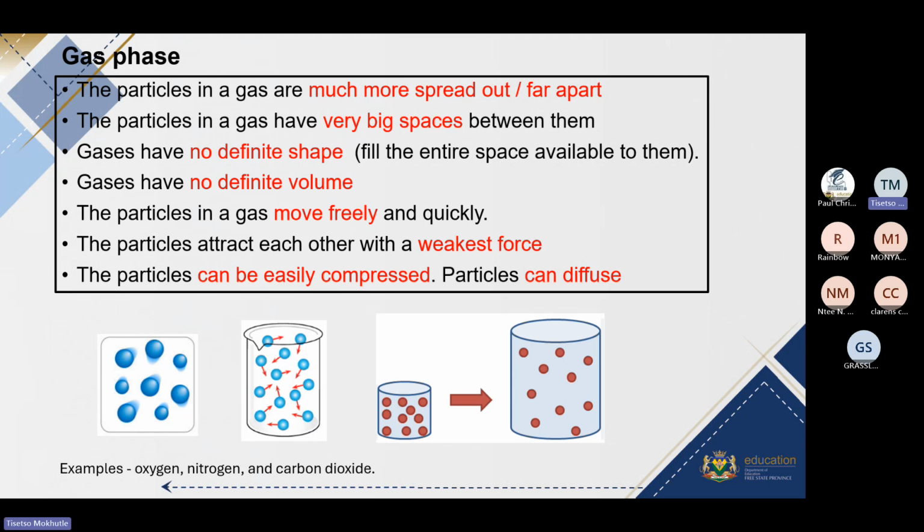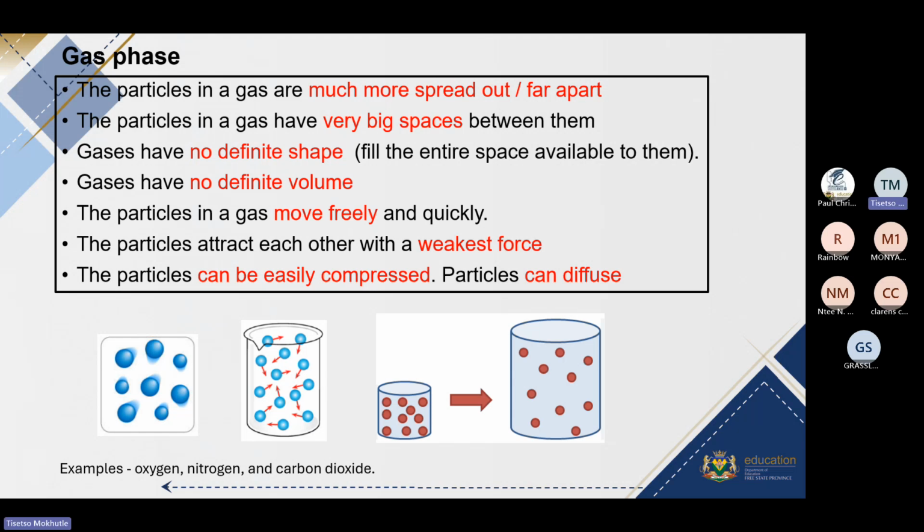The particles in a gas move freely. Why so? Because there is less force of attraction between the particles, and they move much quicker. The particles attract each other with the weakest force. So the force is the weakest in gases. Why so?